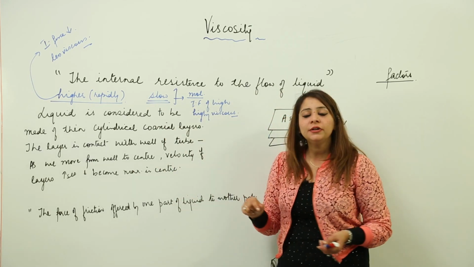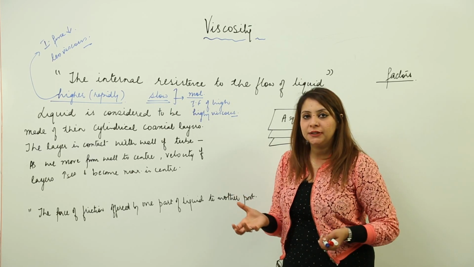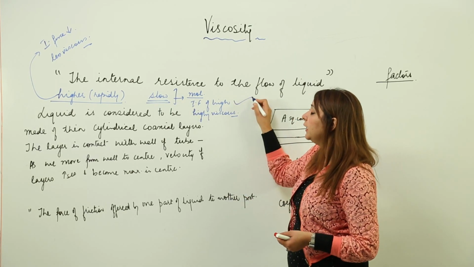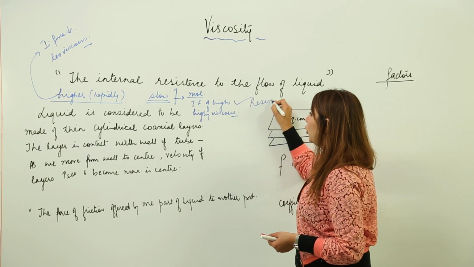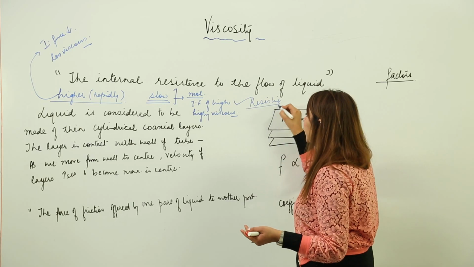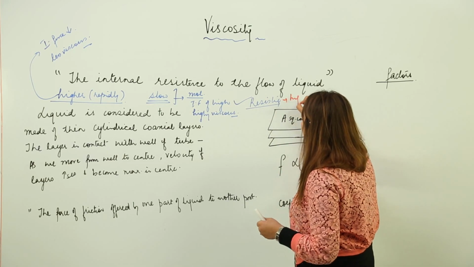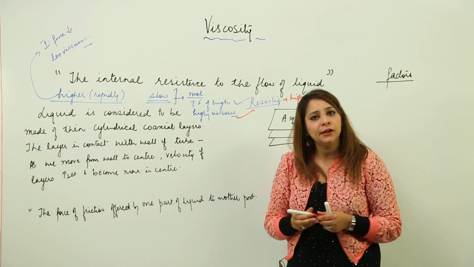But the liquids which flow at a slower rate are not ready to get separated as their intermolecular force is high, and the resistance offered while flowing is comparatively high, therefore they are highly viscous.